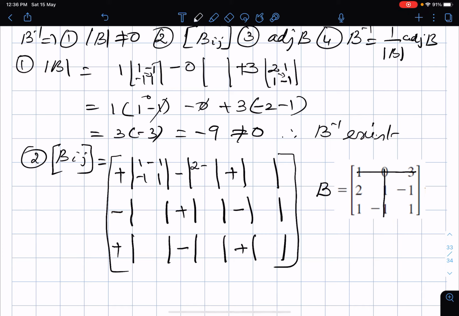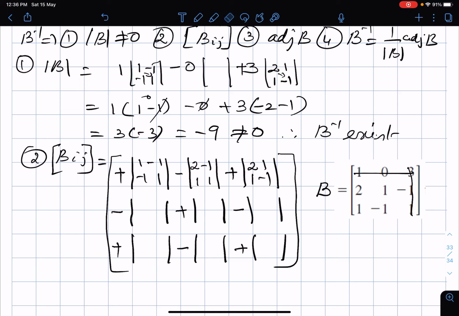So 2, minus 1 and 1, 1. Okay, then for the third one, you're going to go to your third element in the first row. So eliminating your third column and first row, you get the minor as 2, 1, 1, minus 1.